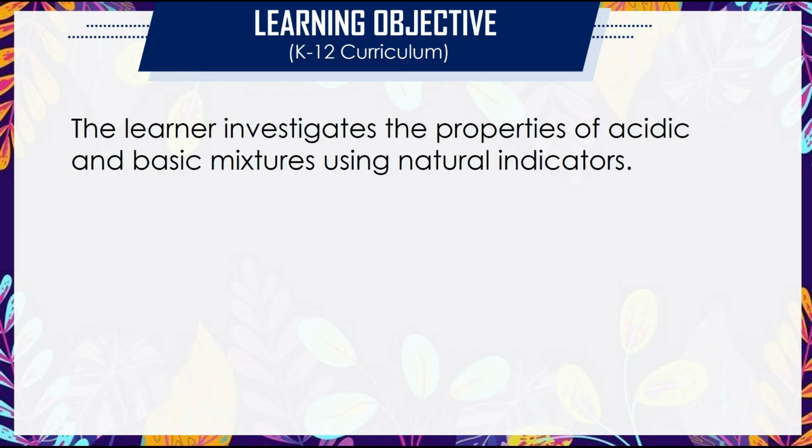How do we identify the acidity and basicity of a substance? What does it mean by a natural pH indicator? These are probably the questions that might come to a learner's thinking upon knowing the learning objective. That is why it is important for us to be knowledgeable of a natural pH indicator.